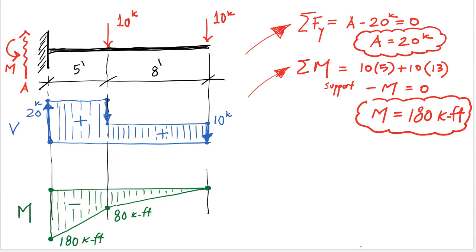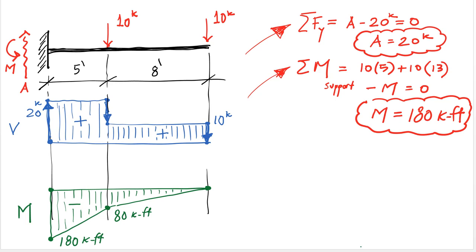That 80 can also be found by multiplying 10 times 8, right? If you draw that free body diagram up to that point, then the moment there is 10 times 8, which is 80, which coincides with the value that we found going from left to right.